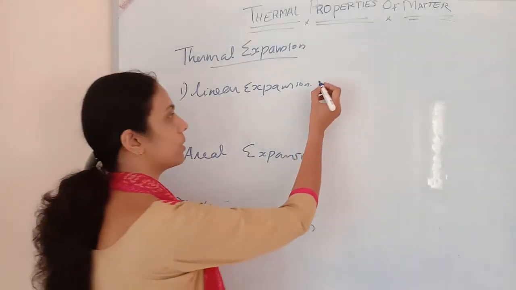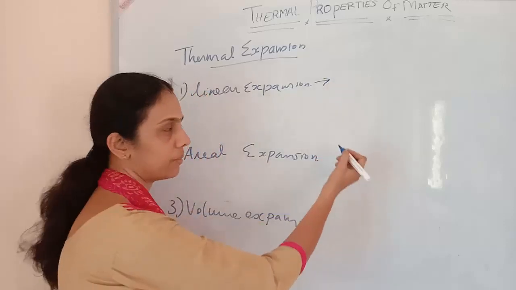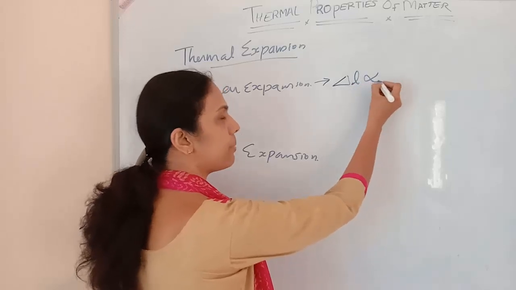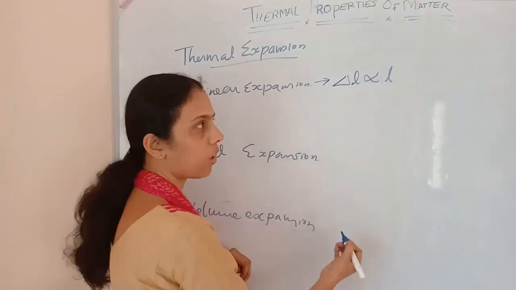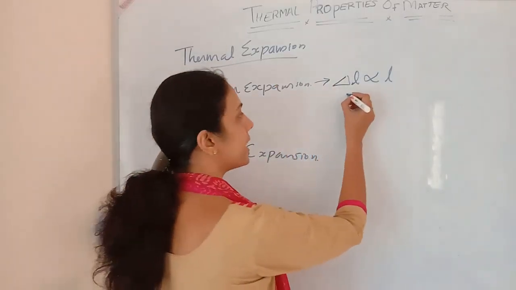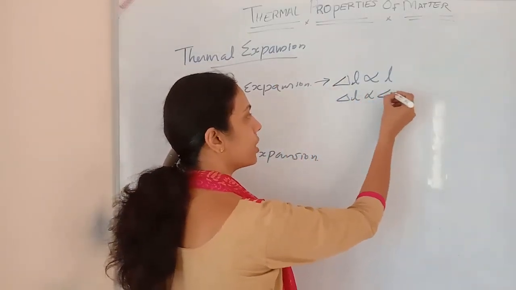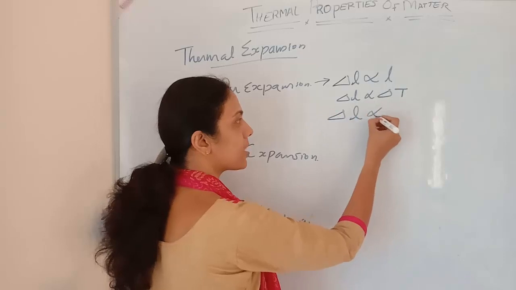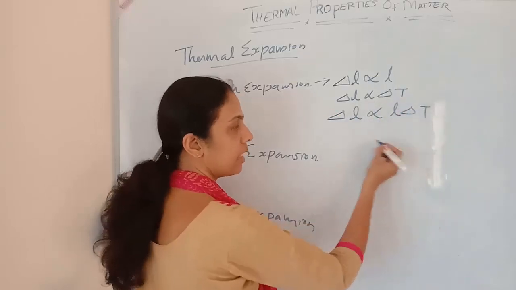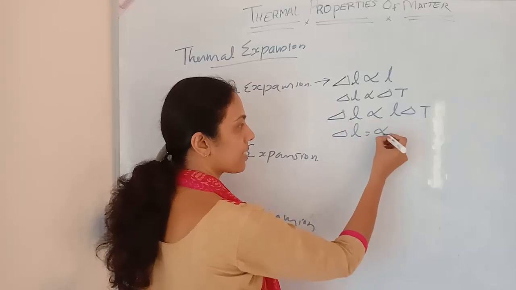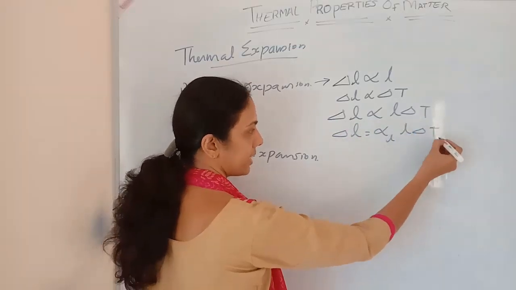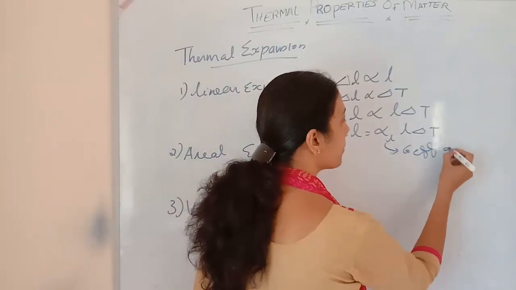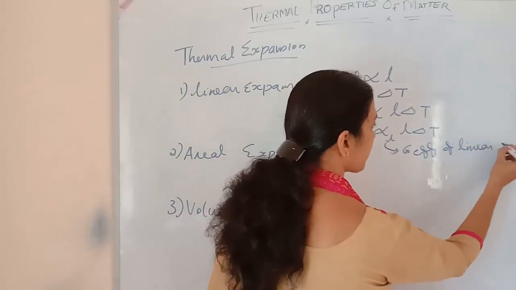So how can we find out this linear expansion? The increase in length, delta L, is directly proportional to the total length of the material, and delta L is directly proportional to the change in temperature. So we can write delta L is proportional to L delta T, or delta L equals alpha L into L delta T, where alpha L is called the coefficient of linear expansion.